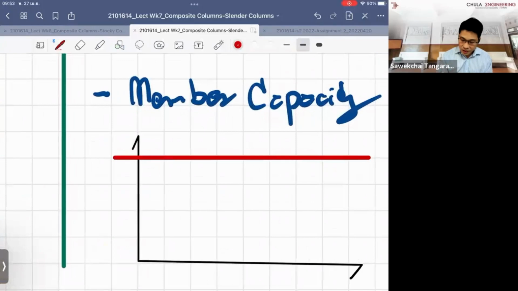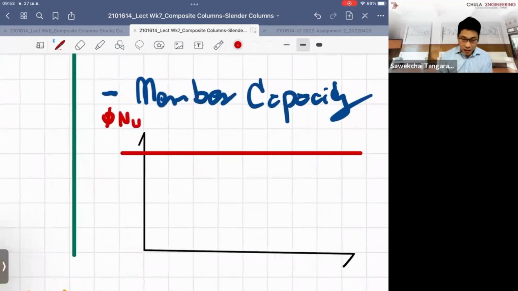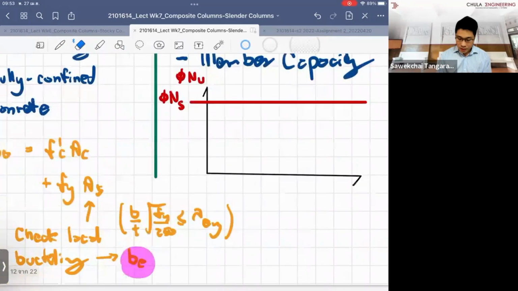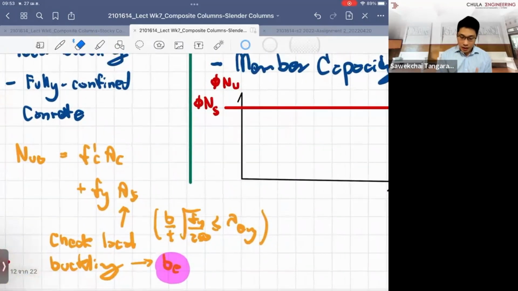For example, this is the axial force capacity. So I say this is phi N u, right? And they're saying that if you calculate from the section capacity or the yield, it reaches the section capacity at the most, and we adjust it according to the effective length, which takes into account the buckling criteria.